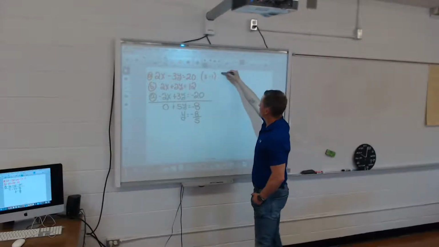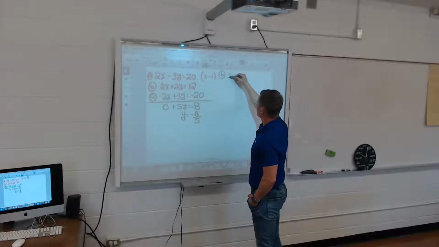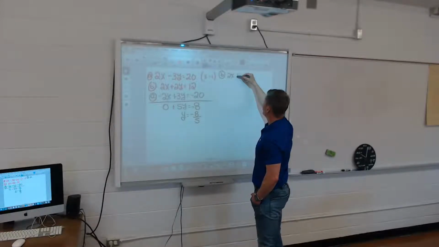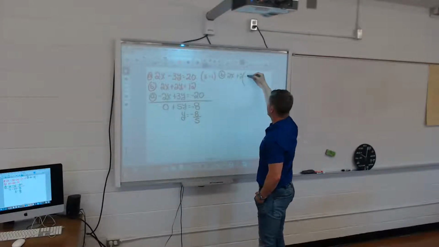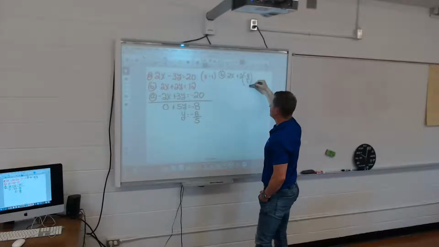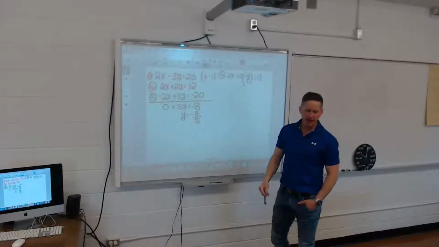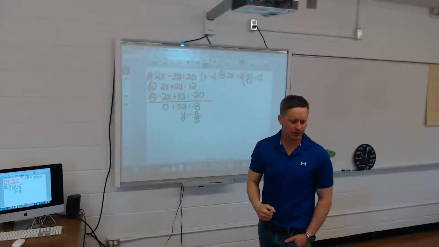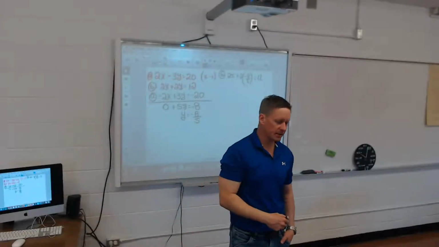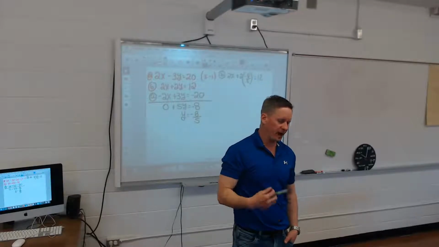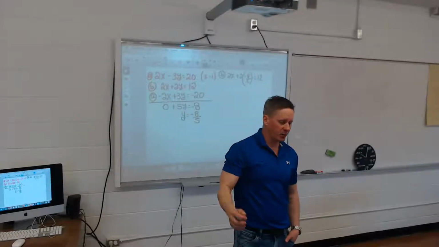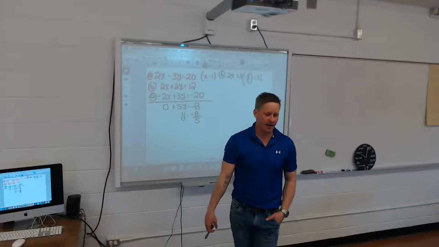So I'm going to use equation B. And I'm going to go 2x plus 2 times -8 over 5 equals 12. Now, the easiest way to do this question when it comes to fractions is get rid of the denominator on the fraction so that I'm just working with whole numbers, and then I'll divide it back in after.